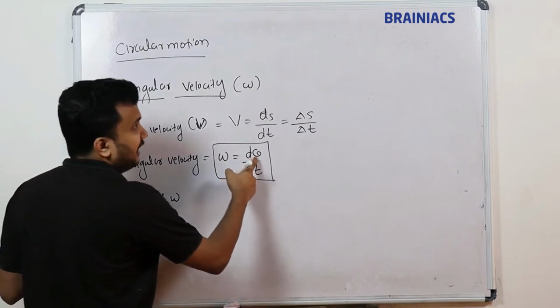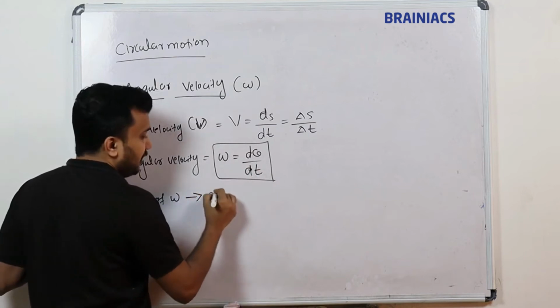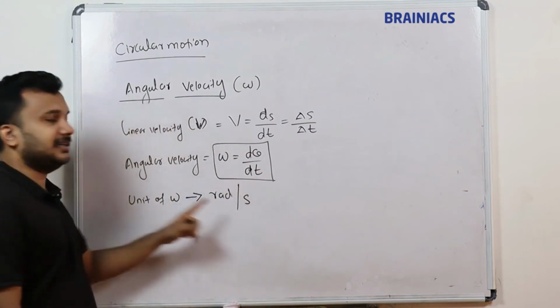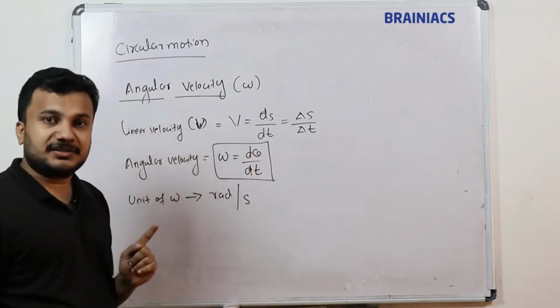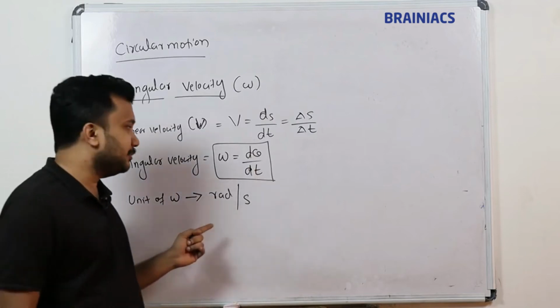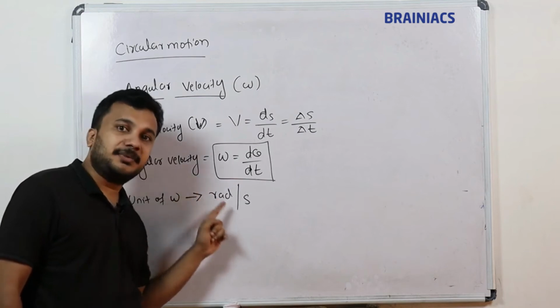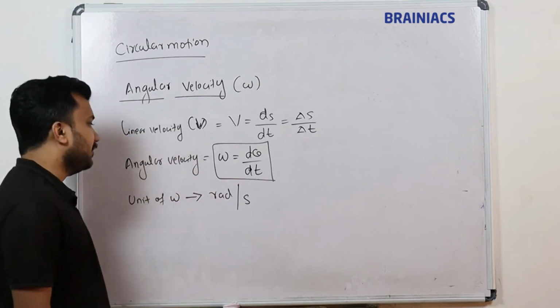What is the unit of theta? Radian. What is the unit of time? Seconds. So the unit of omega is radian per second, rad by s. I told you five minutes before that theta's unit is radian and time is in seconds. It's clear, right? Radian per second.